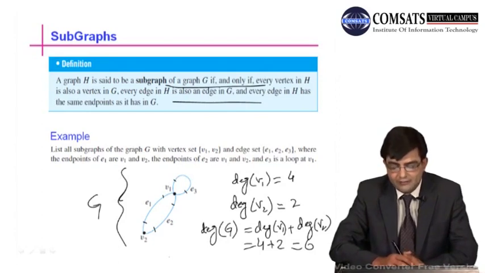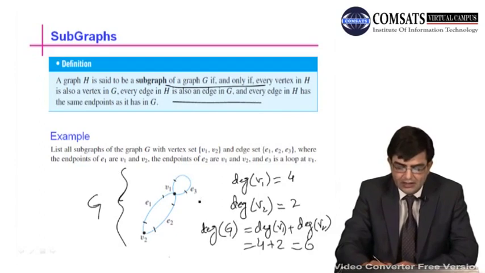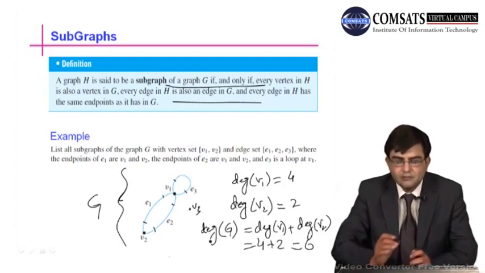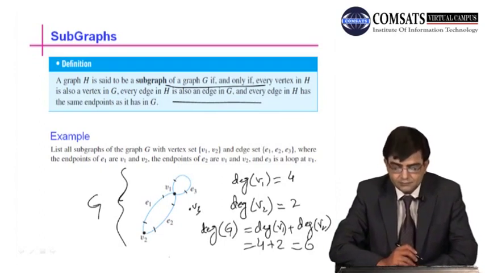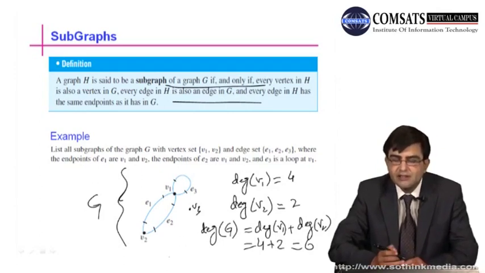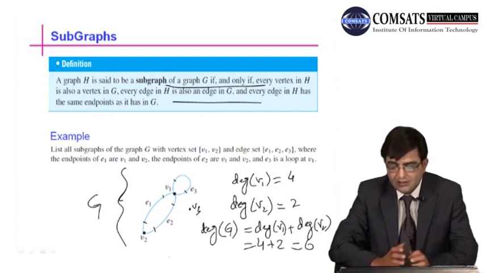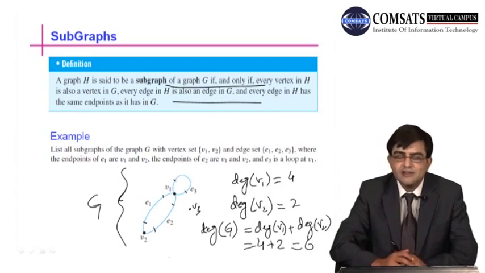What if we have an isolated vertex? For example, if we have another vertex here, v3, what will be the degree of v3? Obviously we see how many edges are incident on v3. There are no edges incident on v3, therefore the degree of v3 is 0.